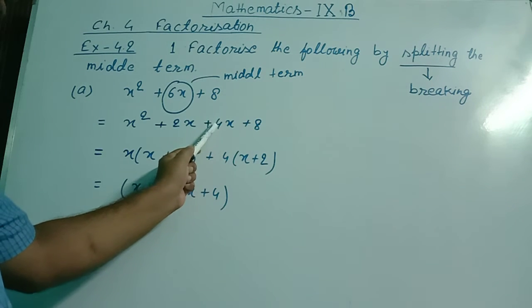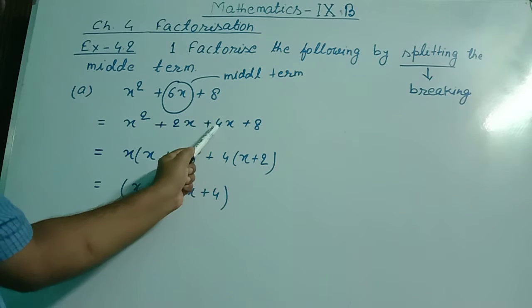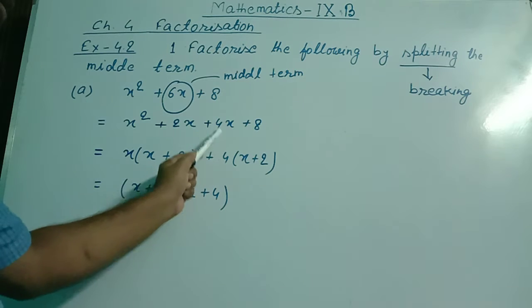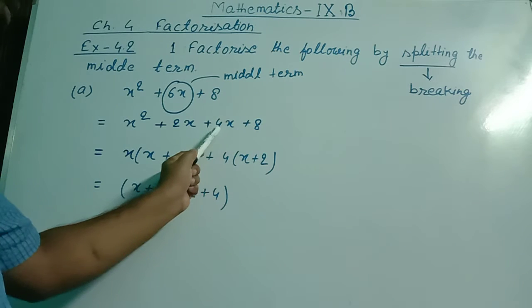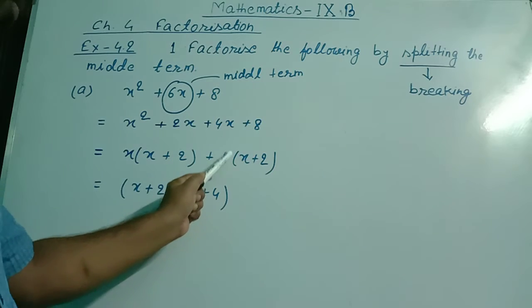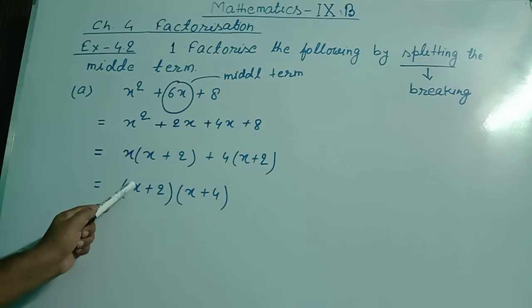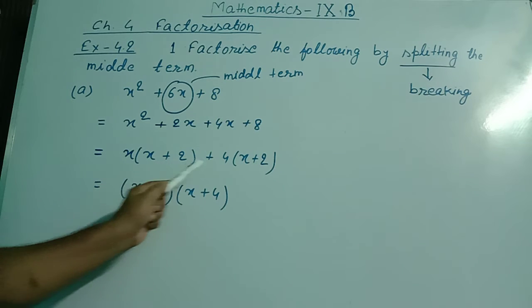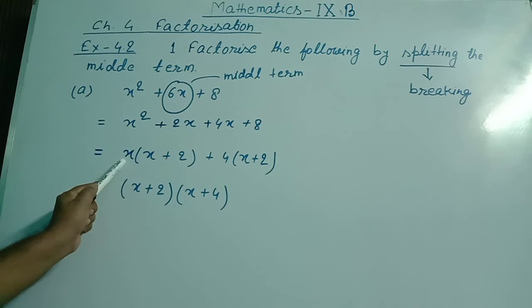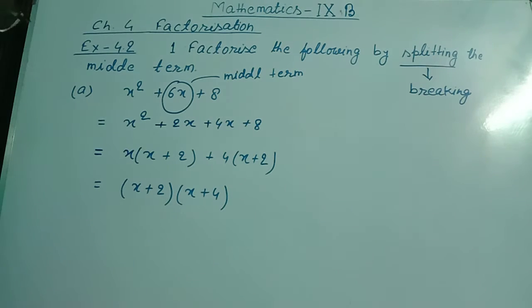So we take the least constant term, which is 4, and after taking this as common, what is left? x plus 2. So I wrote x plus 2 as common, and what is left? This x plus 4 is left, which I enclosed in a bracket. This became the answer.